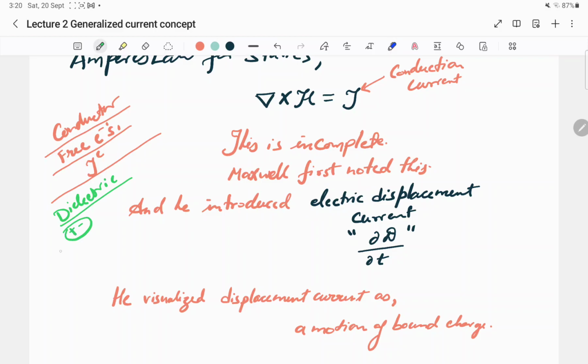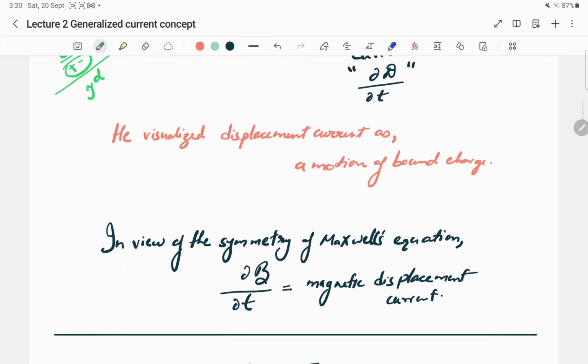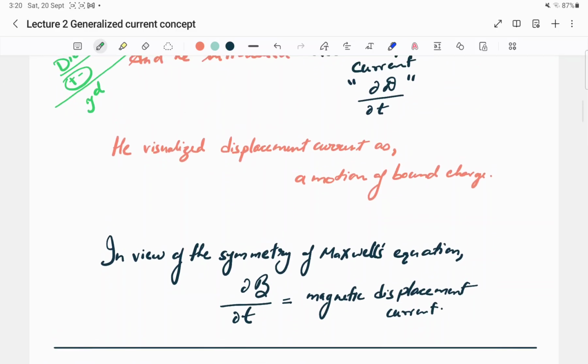So the motion of bound charge in a dielectric constitutes JD, that is displacement current. Since Maxwell's equations are symmetric, the magnetic displacement current will be delta B over delta T.